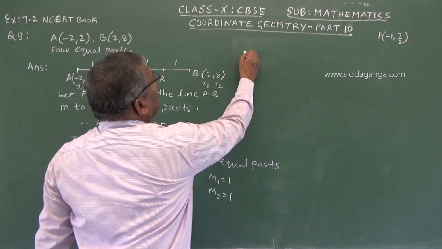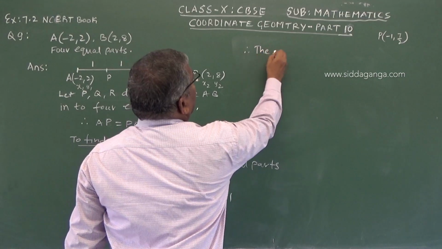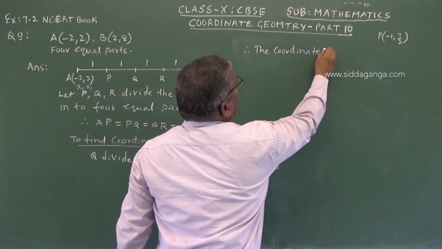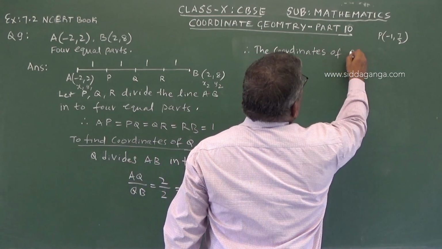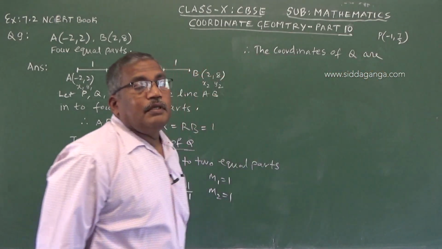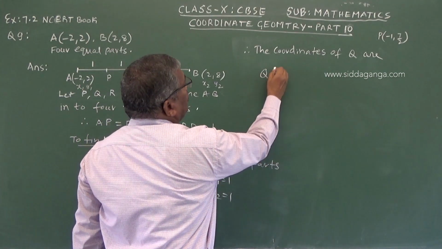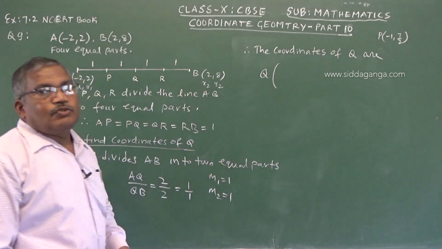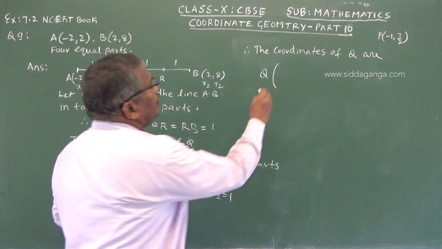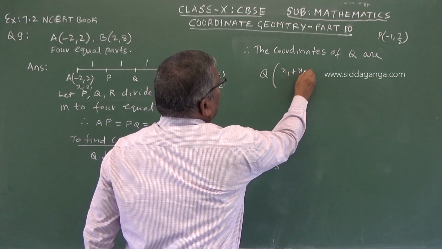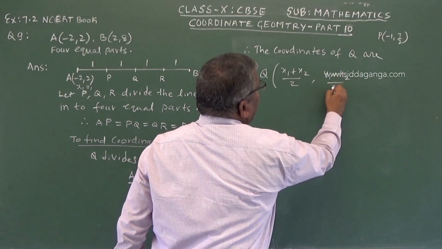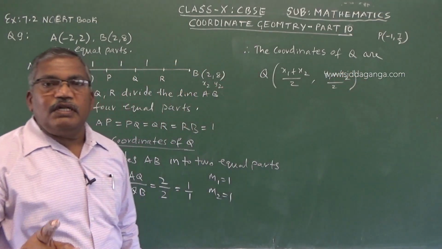So therefore the coordinates of Q are x1 plus x2 divided by 2, and y1 plus y2 divided by 2, because M1 is 1 and M2 is 1.